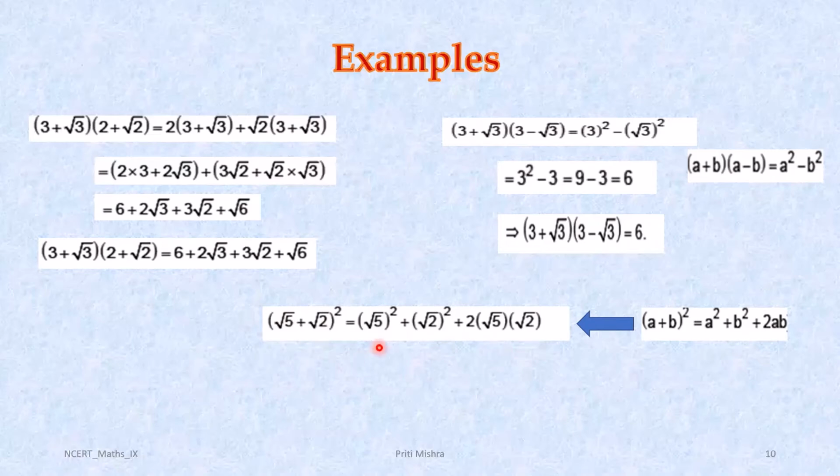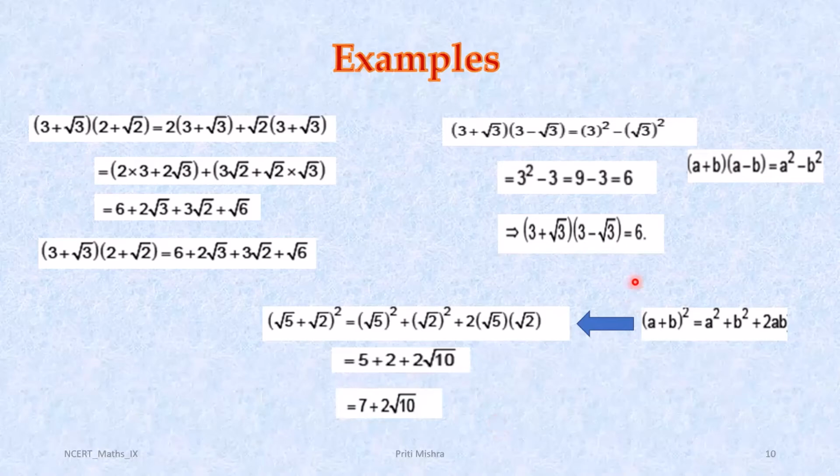So root 5 whole square is 5, root 2 whole square is 2, and 2 into root 5 into root 2 is 2 root 10. So 5 plus 2 is 7 and 2 root 10 will be as it is. So the answer is 7 plus 2 root 10. This is an irrational number. So I have shown you, you can have results differently, either rational or irrational.